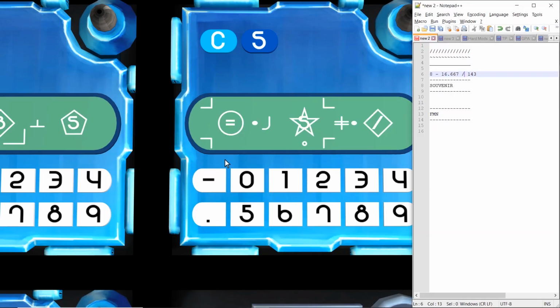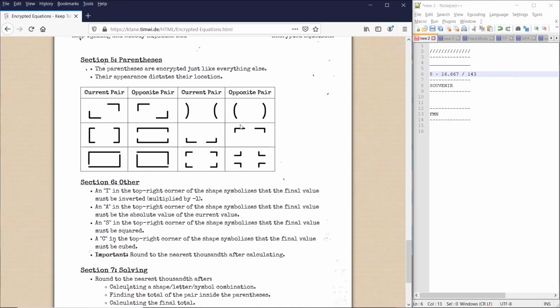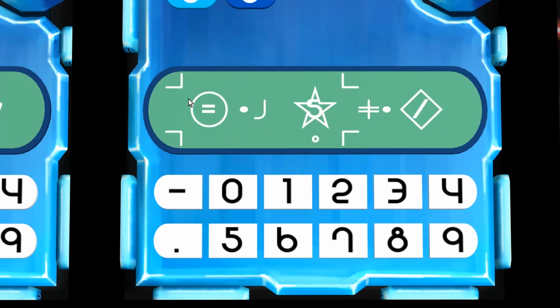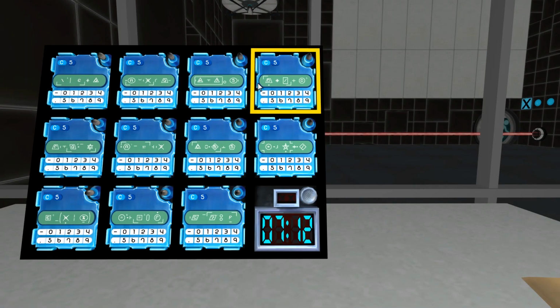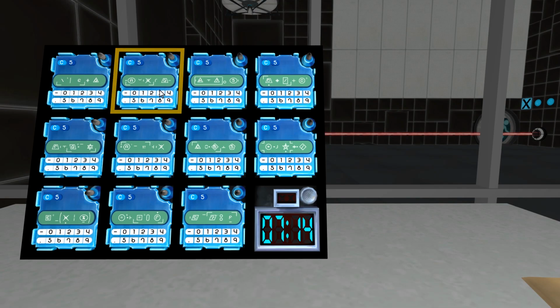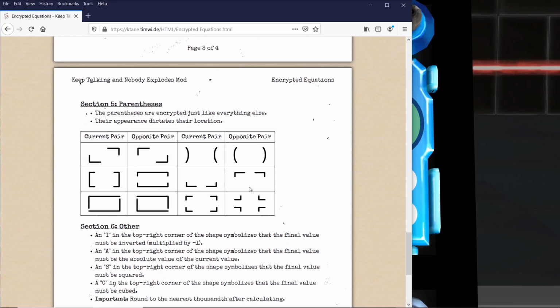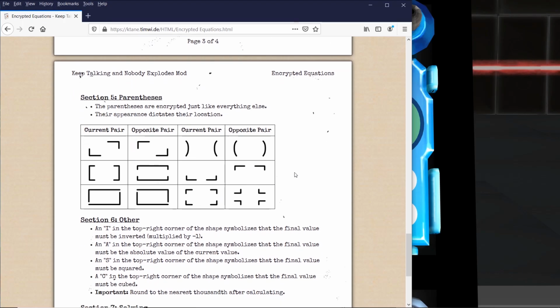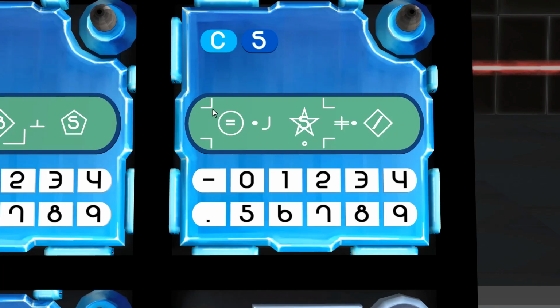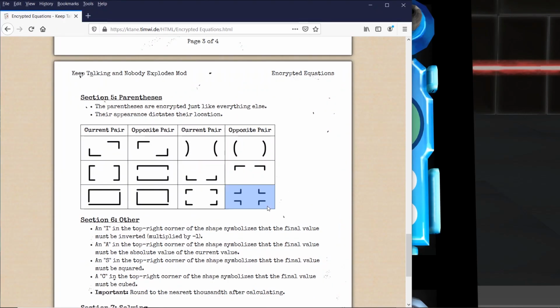The second to last thing we have is parentheses. Parentheses are going to surround either one of the 2 sides. And they come in different shapes. So as you can see, we have this one right here.